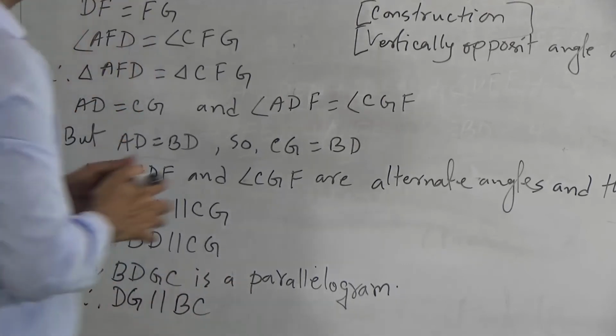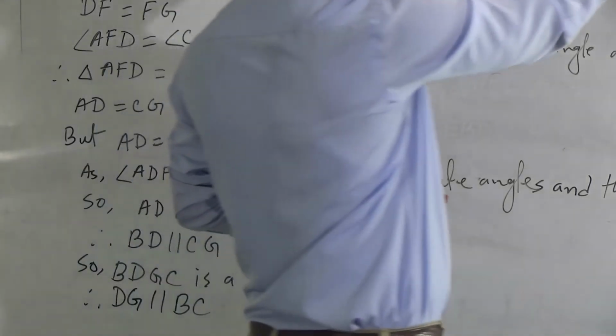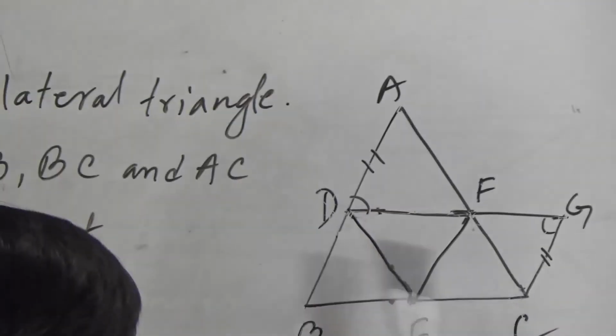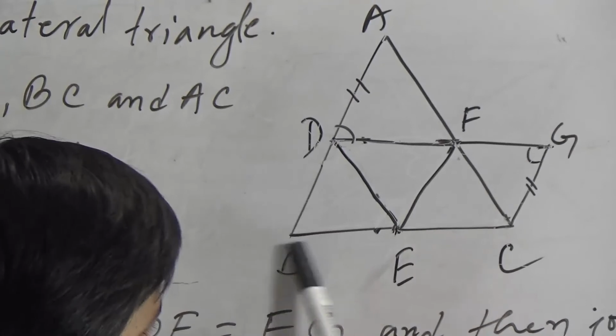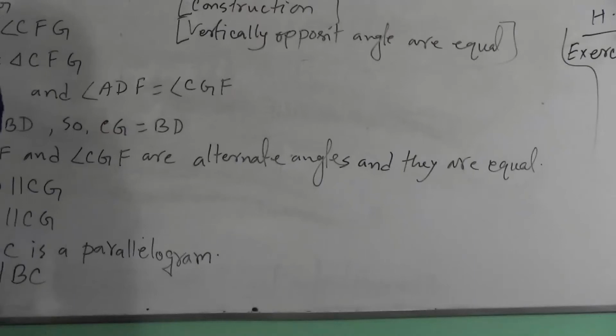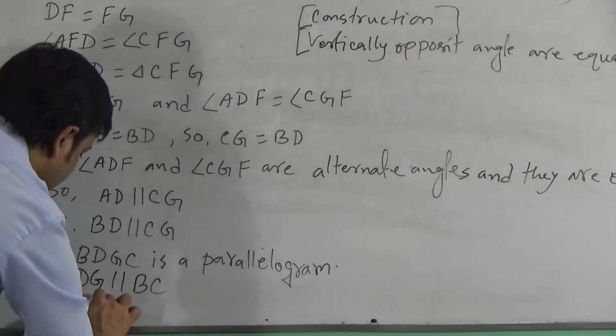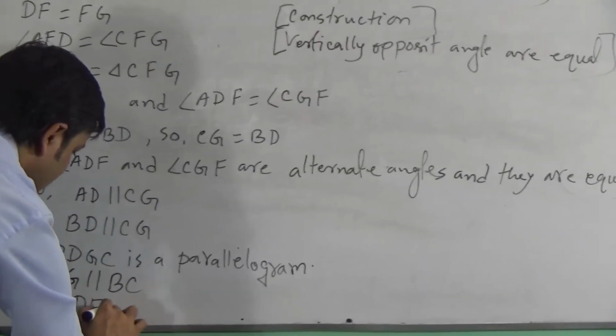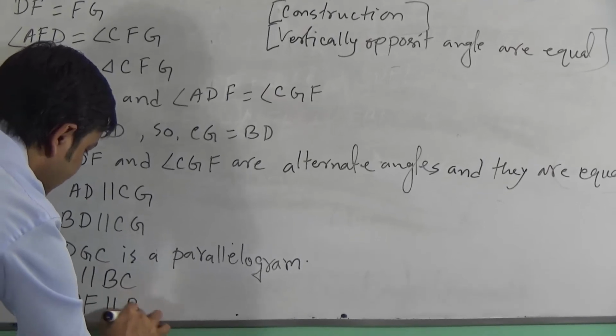Dear students, now DF is a part of DG. As DG is parallel to BC, DF will also be parallel to BC, that is, DF is parallel to BC.